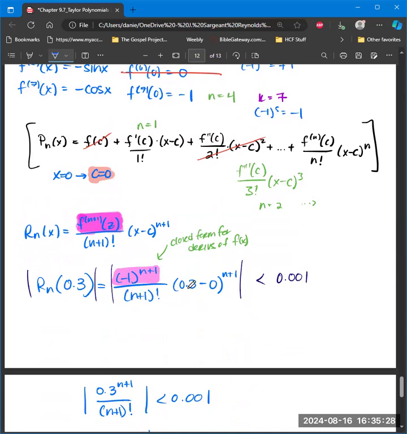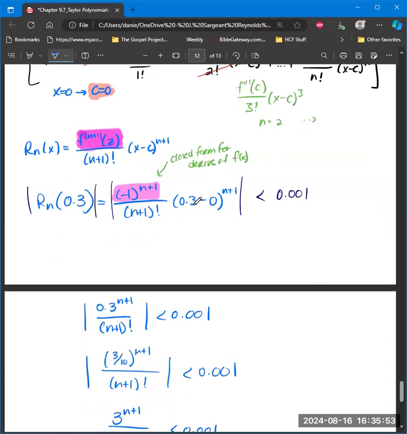And this is going to be x minus c, so 0.3 minus 0 to the n plus 1. I'm only dealing with the odd powers here. So then this is going to be forced to be less than 1,000th.